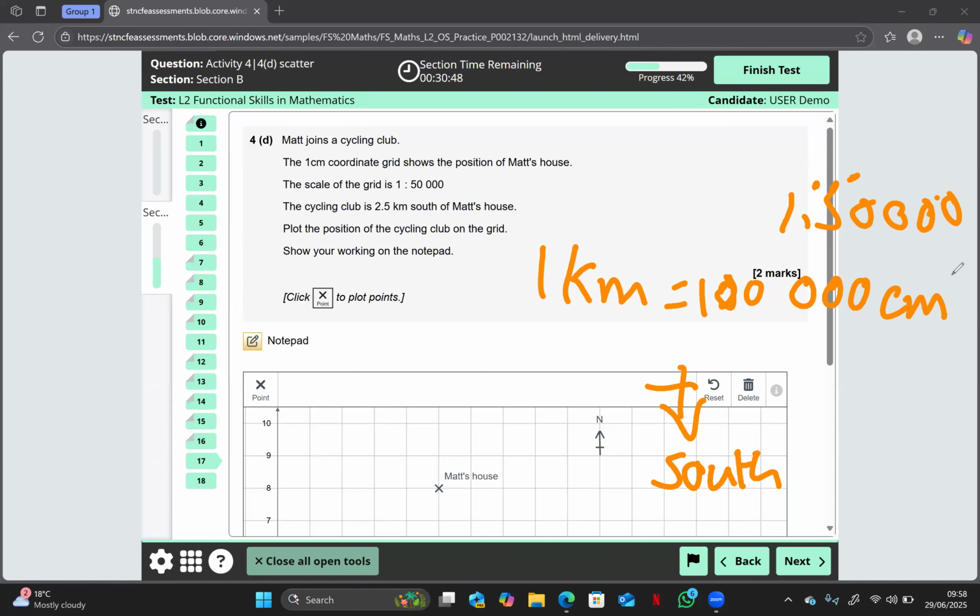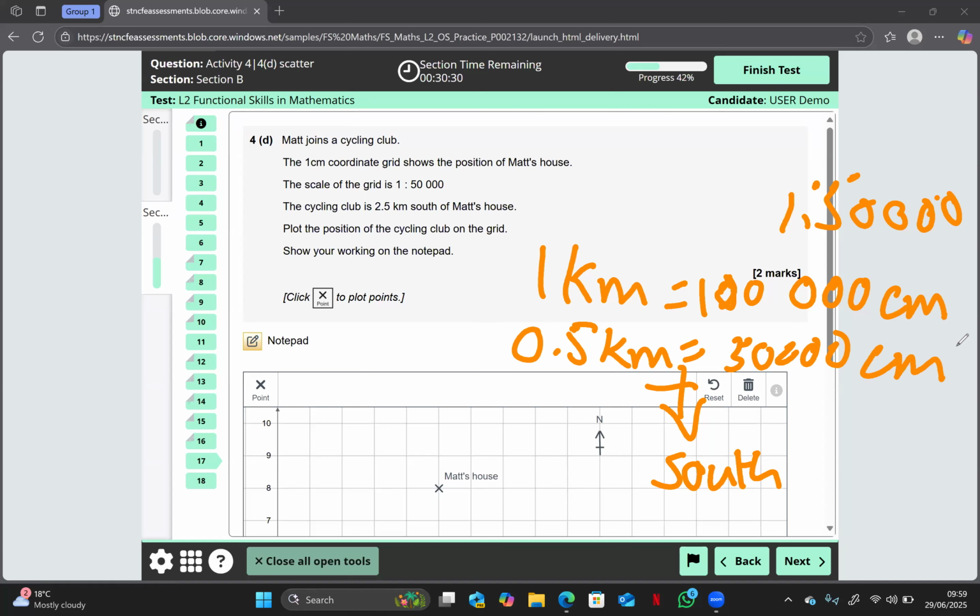And so the scale is 50,000. So 1 square represents, so if we divide both by 2, no, m equals 50.